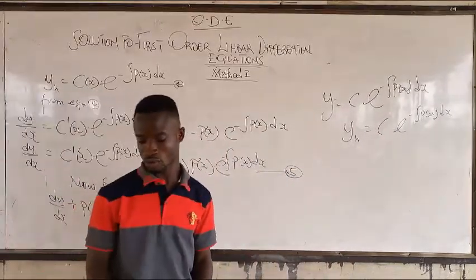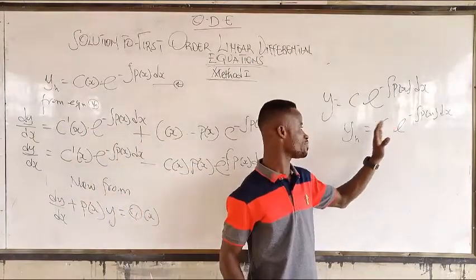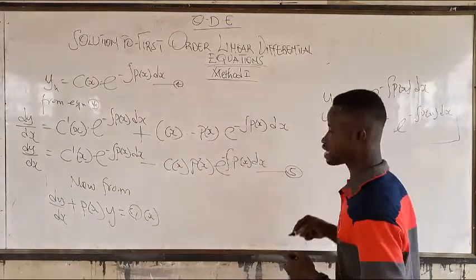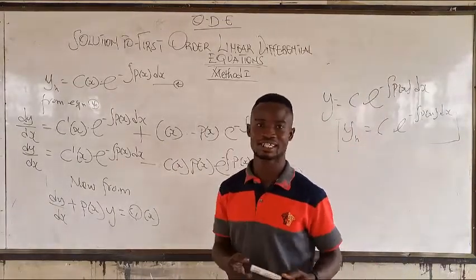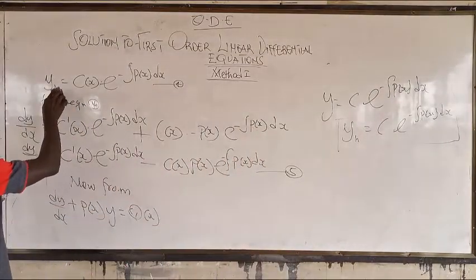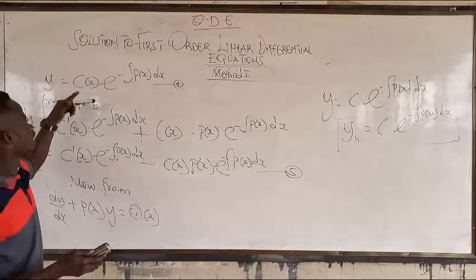And don't make it equation that or that. Just leave it like that. So this was the solution for the homogeneous part. Then after that, you come and rewrite it.